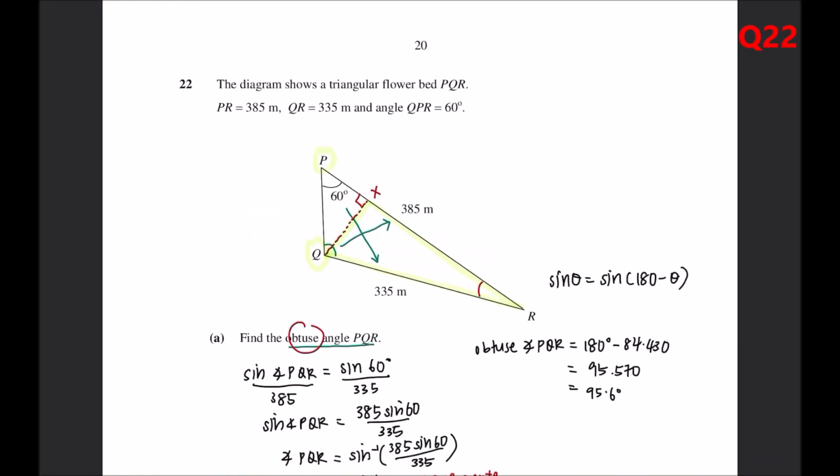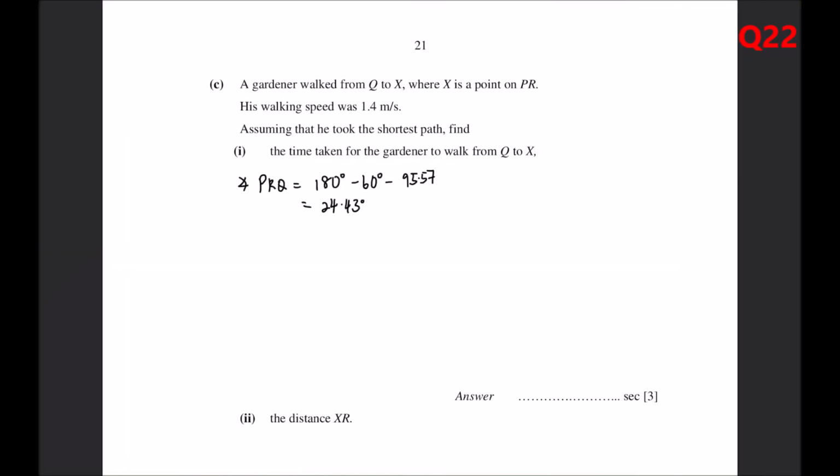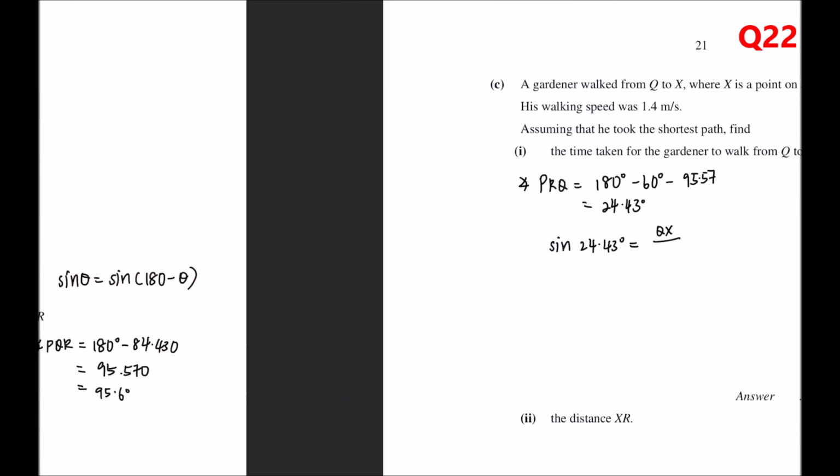Alright, you have a right angle triangle here. You have the hypotenuse, and you are trying to find the opposite side. QX is the opposite side. Opposite over hypotenuse, so I make use of sine. Sine 24.43 degrees equals the opposite side, which is my QX, over my hypotenuse, 335.